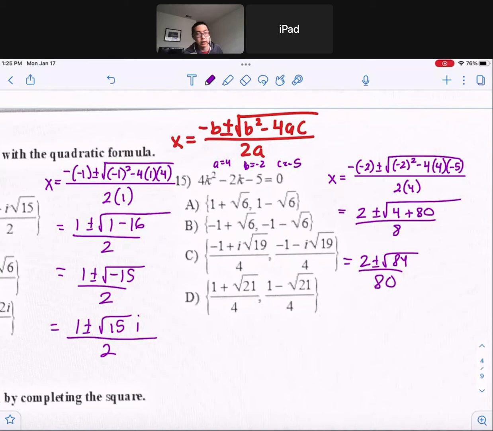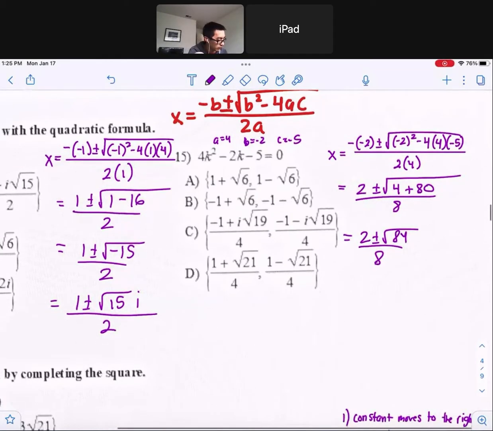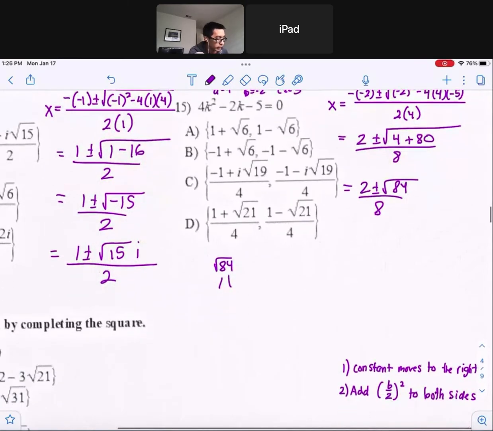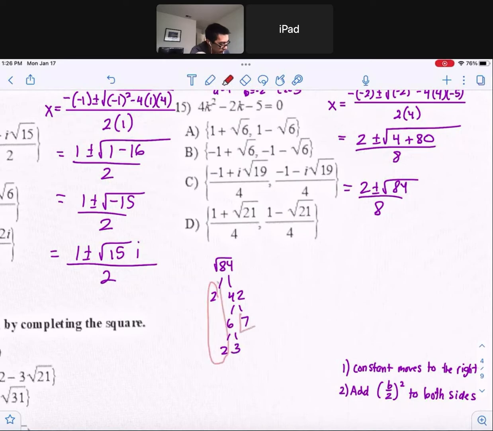Now we do have to simplify the square root of 84, you guys. To do that, we have to make a prime factorization tree, right? 2 times 42. We could do 6 times 7, and then here 2 times 3. So there's a pair of 2's, and then we have leftovers of 3 and 7. So the pair of 2's goes on the outside, and the square root of 3 times 7 stays inside, which is 2 square root 21.